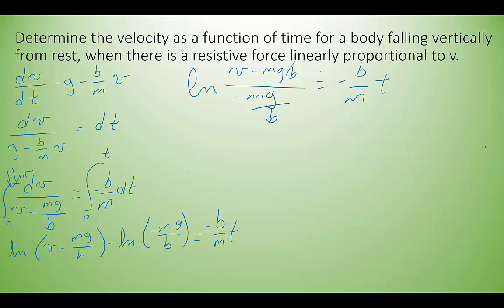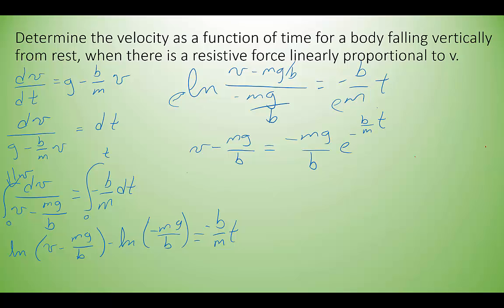We raise each side to the exponential, and that will allow us to get rid of the ln, and then we end up with v minus mg over b is equal to negative mg over b times e to the negative b over m t.